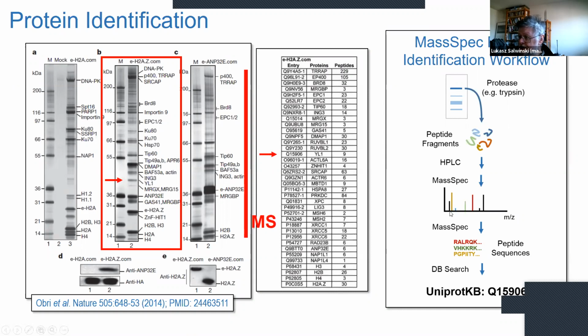The mass spectrometer is going to identify different fragments and will provide you the size of those fragments, and then in the next step, each of those fragments can be actually split into smaller parts, and this is enough information to identify the sequence, at least of a part of those peptides.